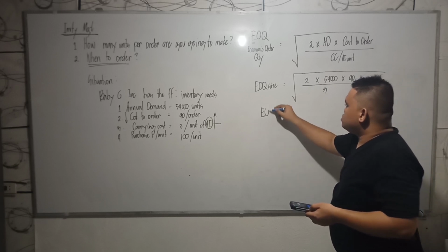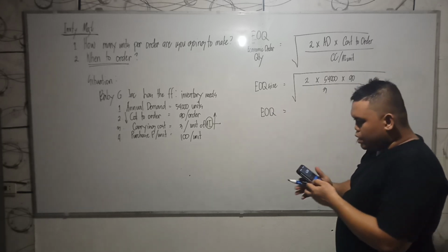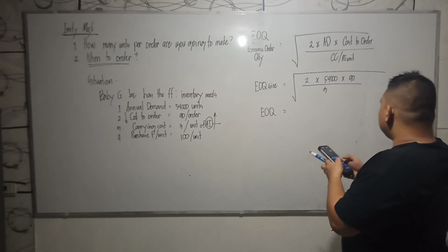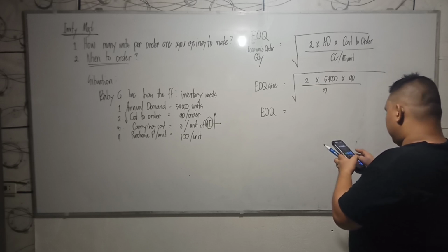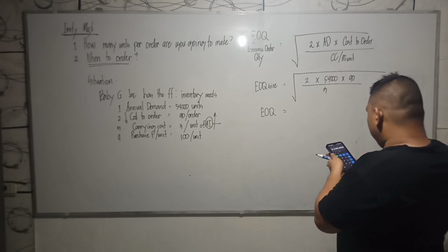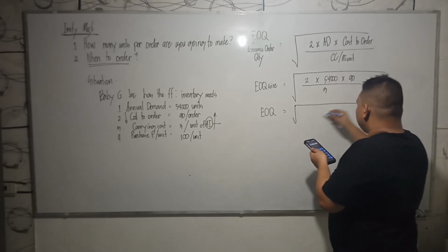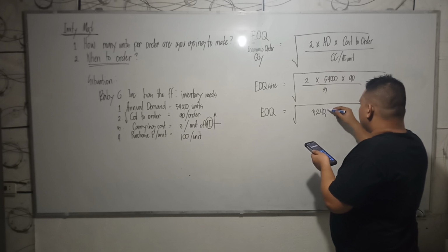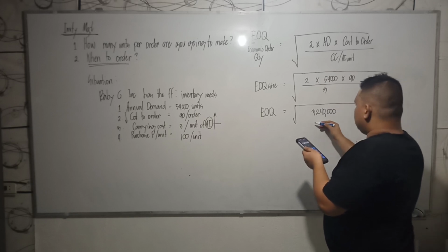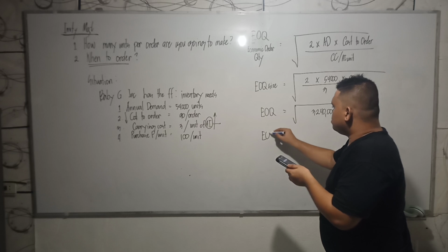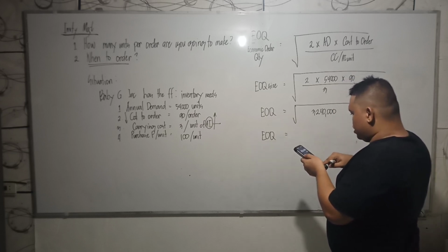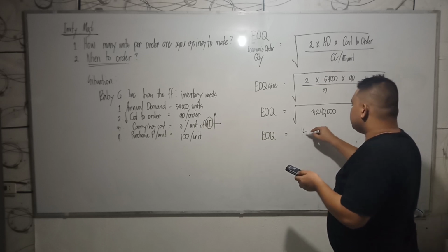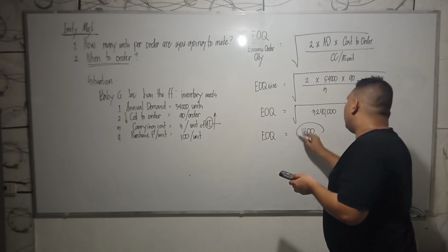If you calculate it, you will have 2 times 54,000 times 90, which is 9,720,000, divided by 3. That's 3,240,000. So EOQ is equivalent to the square root of 3,240,000, which is 1,800. So you have to order 1,800 per order.